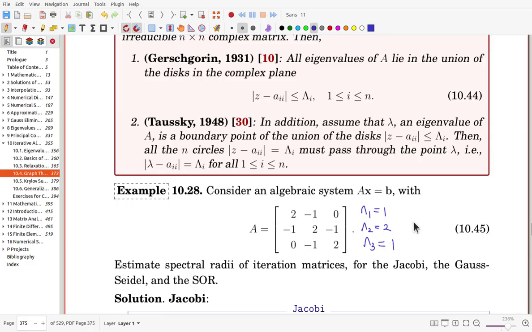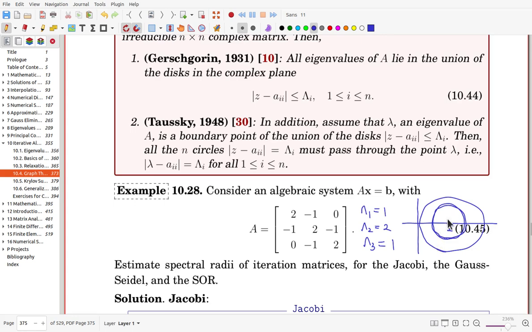So when you make the disks, you can make them this way. The center is always 2, A11 is 2, so around 2 we have a circle of radius 1. For the second one, A22 is 2, so around 2 we have a disk of radius 2. And the last one is the same as the first anyway.